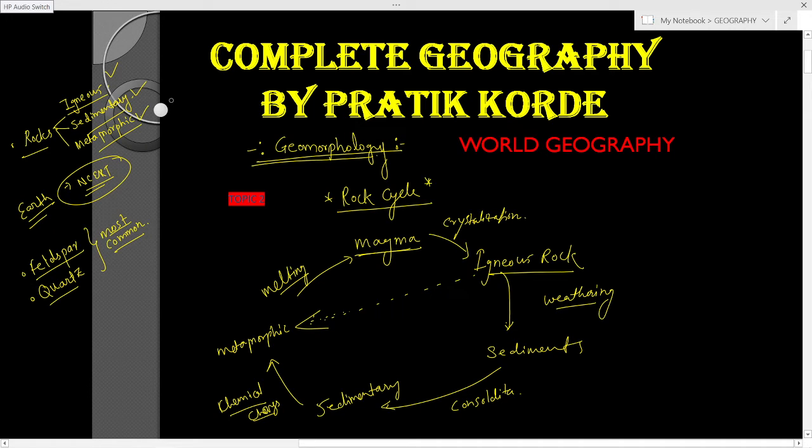So basically this is a cycle where there is a connection. It is not like only metamorphic rock will go to magma, even igneous rock can be converted into magma, right? If it is in the batholith. What a batholith is, we'll do when we do volcanism. Here the only thing that is important to know is the rock cycle, which we talked about.